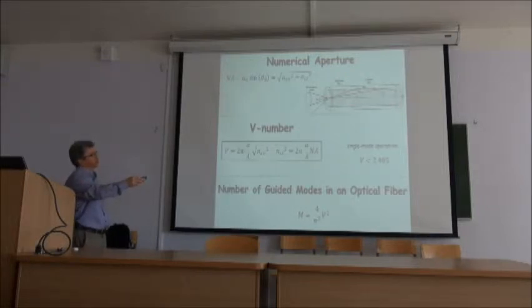Essentially that is defined by the critical angle, the total internal reflection between the core and the cladding. You can translate that condition of the critical angle to outside, and you see that the product of refractive index times the maximum angle depends just on the difference of the squares of the refractive index of the core and the cladding.